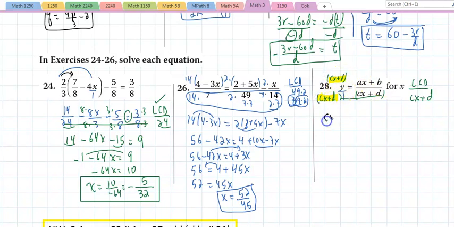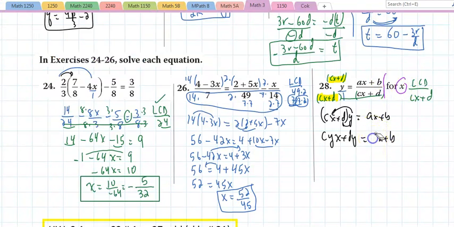So this says cx plus d times y equals ax plus b. Get rid of parentheses. cyx plus dy equals ax plus b. This is a bit on the challenging side. Remember, I am solving for x.